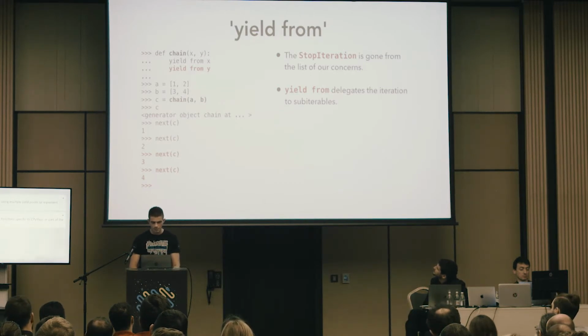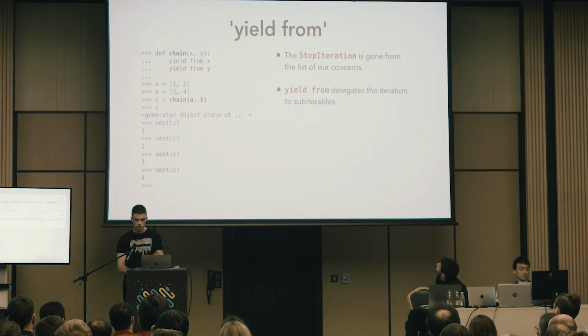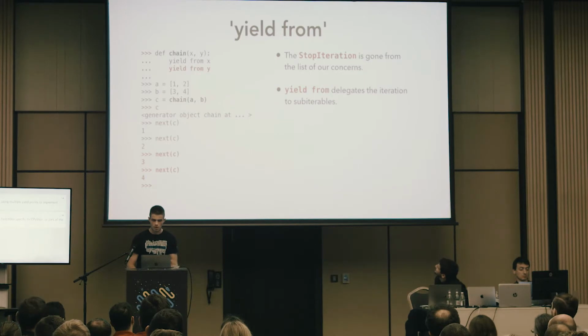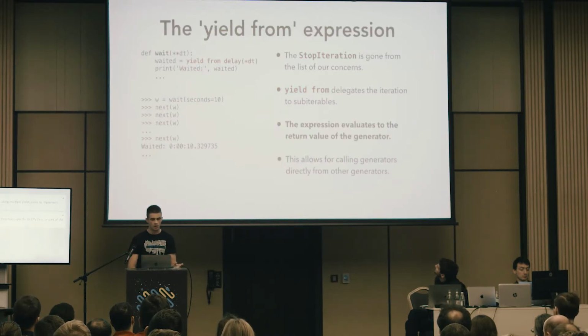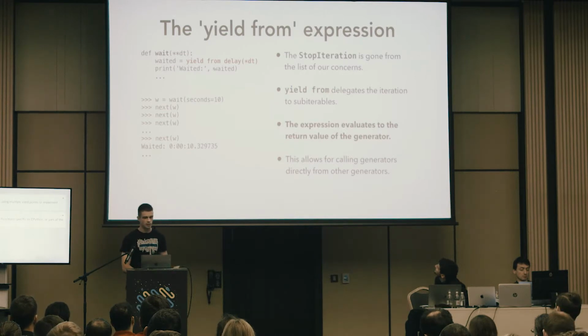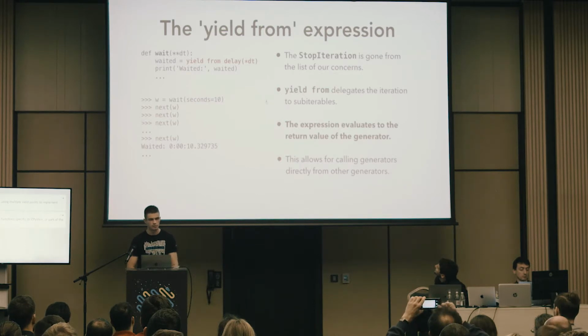But it gets even better than that, because if you use generators, you use StopIteration to get the return value. So if I use a generator there, this whole yield from delay expression is going to evaluate as the return value from delay.